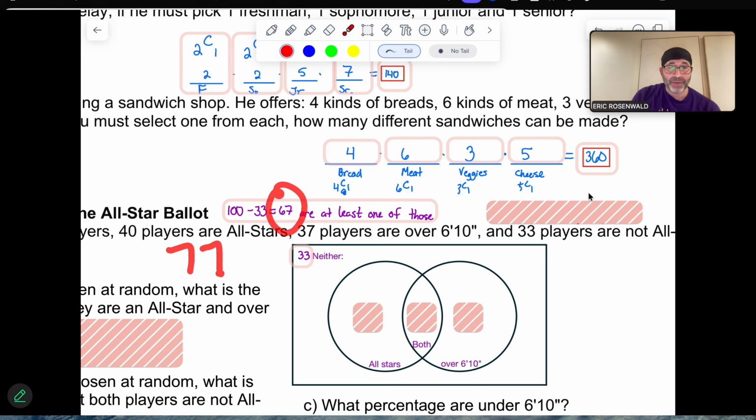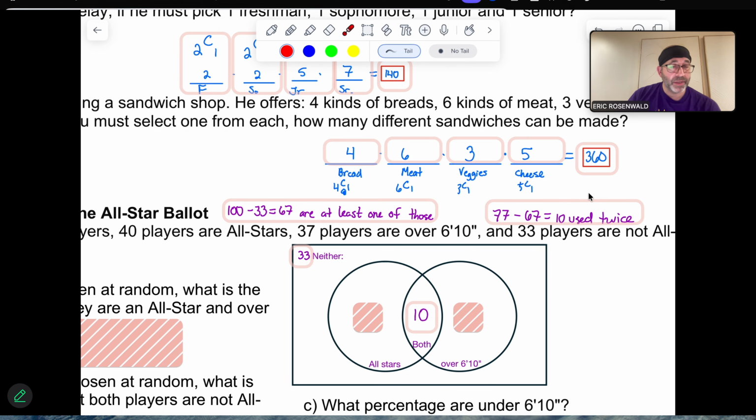But I'm supposed to only have 67. So what this tells us is that there's an overlap taking place, that I have used a number more than once. Well, what's that difference? Supposed to be 67, I've got 77, that means I used 10 twice. Okay? And so that's how we find out what that middle value is.